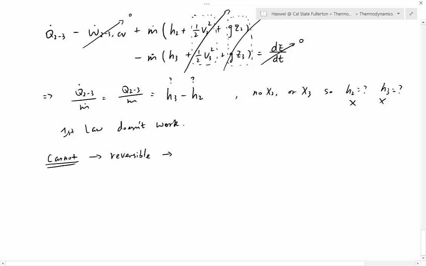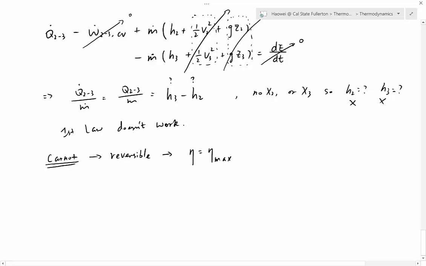And just like we said before, if the process is reversible, what you're going to have is actual efficiency eta must be equal to eta max. This is a hidden equation if you have Carnot cycle.